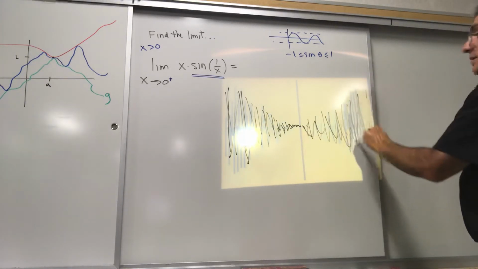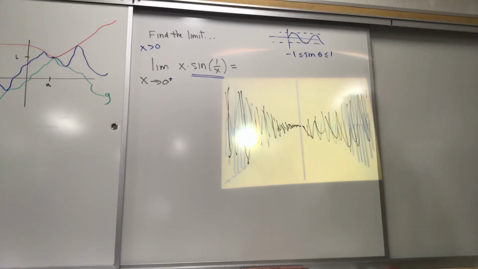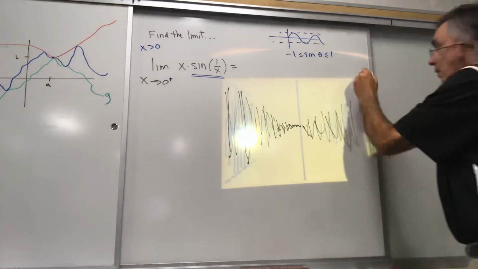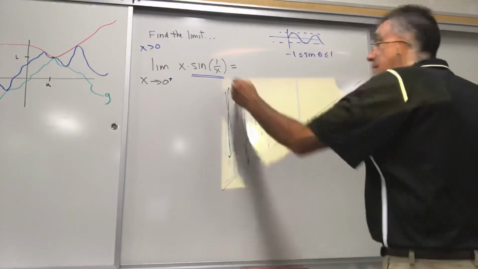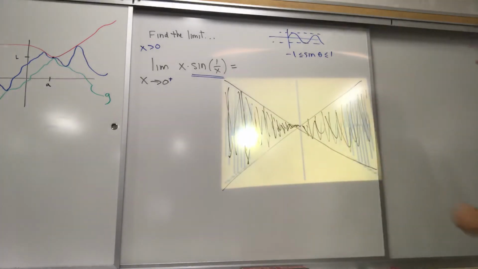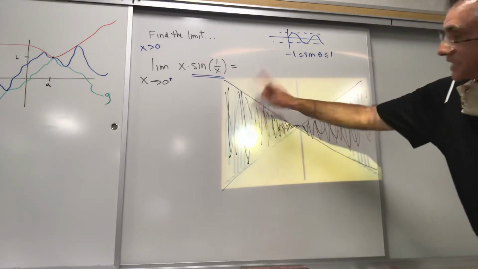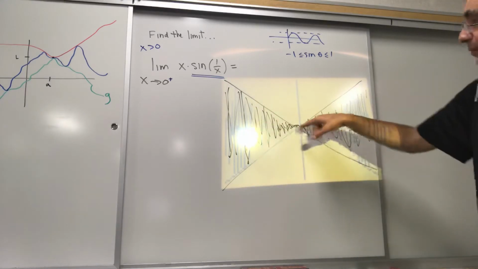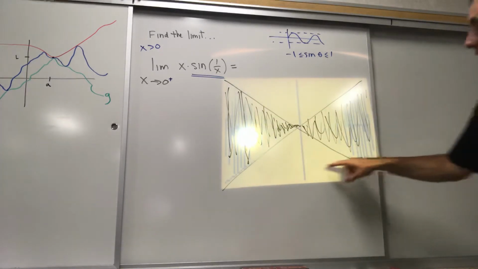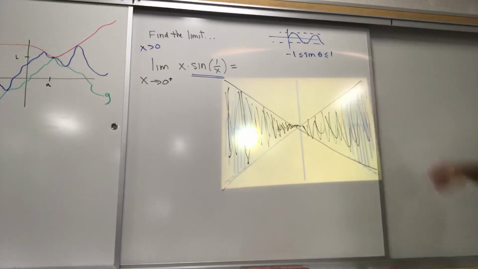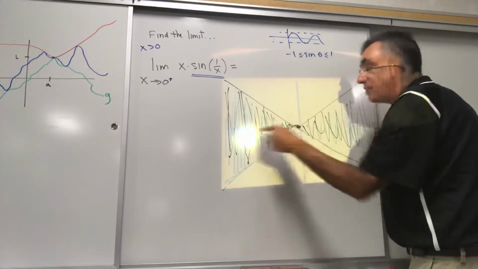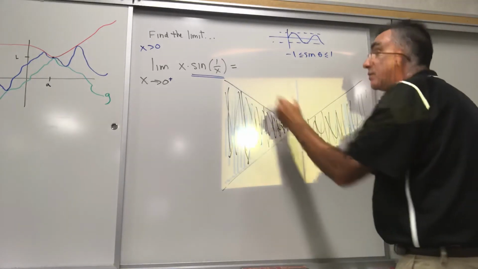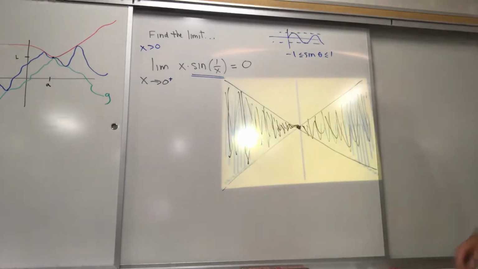Here's y equals x, and here's y equals negative x. Notice that even if it's spazzy, it's still between x and negative x. So we can arrive at the fact that even though it's spazzing out, it's got to go through 0.